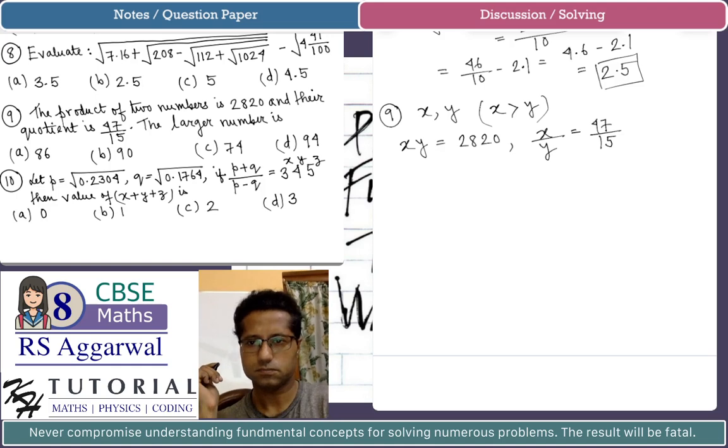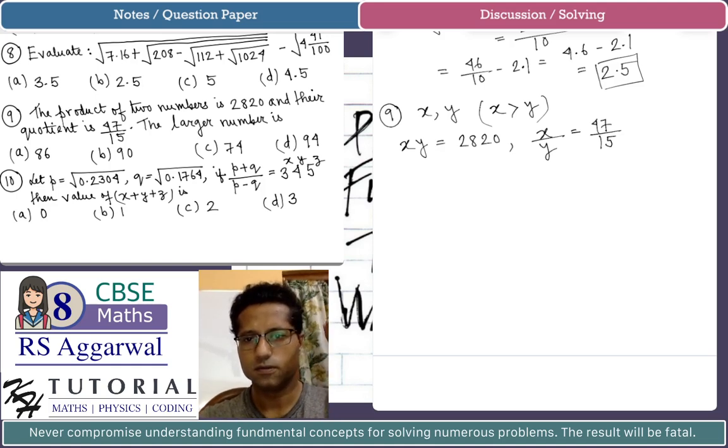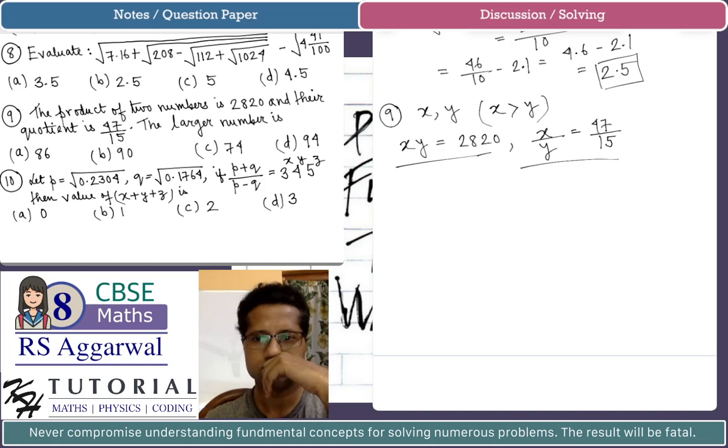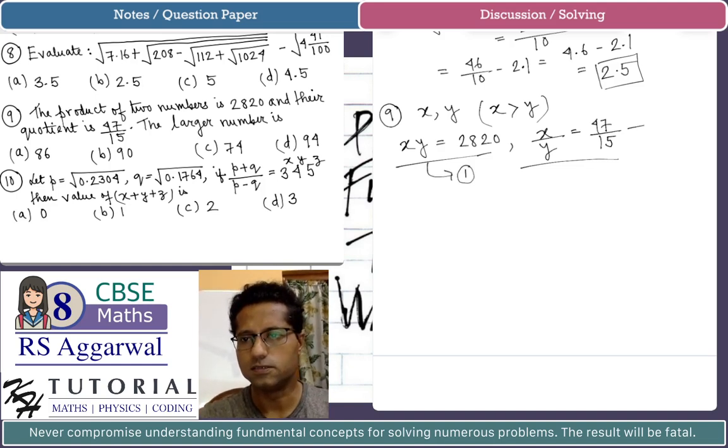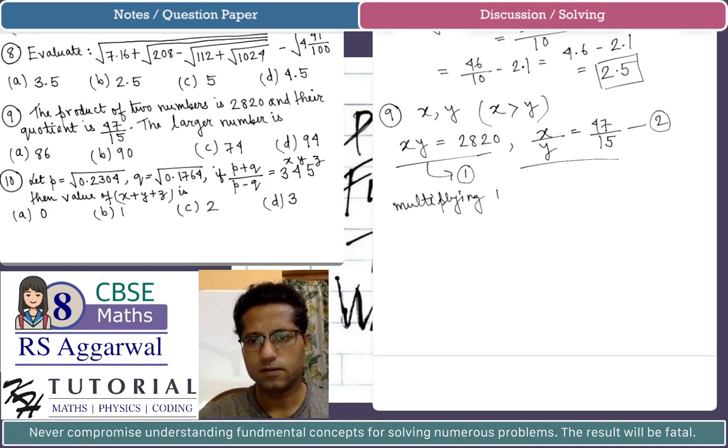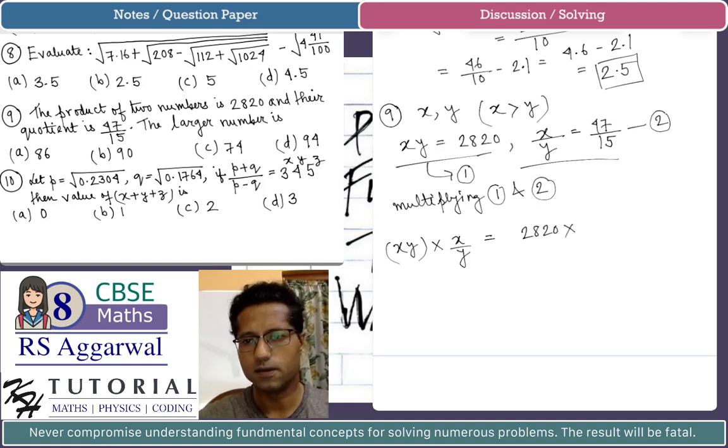How do we find x? From these two equations. If this equation is 1, and this equation is 2, multiplying 1 and 2, the left hand side becomes xy multiplied by x by y, and the right hand side becomes 2820 multiplied by 47 by 15.